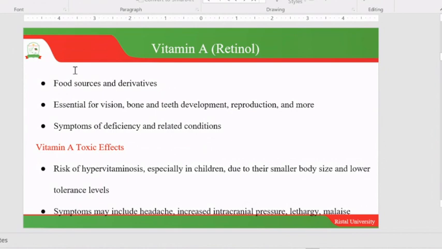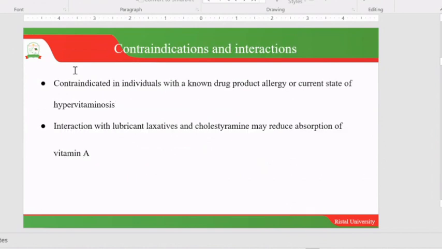If it is given excessively, it causes toxicity, headaches, and this could also lead to severe liver damage. Somehow you could look at the intracranial pressure and also lethargy. When we talk of lethargic conditions, we are talking about a person who is feeling restless. I think that could be the simple explanation for lethargy.